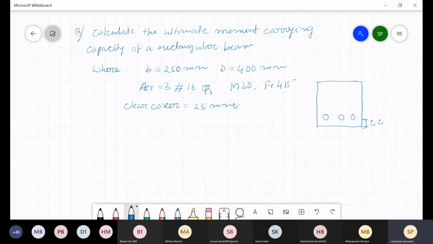Now tell me, this clear cover is given. Clear cover means the distance between the end of the reinforcement to your extreme fiber. Now effective depth is what?